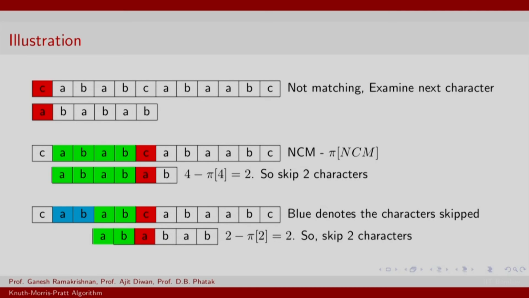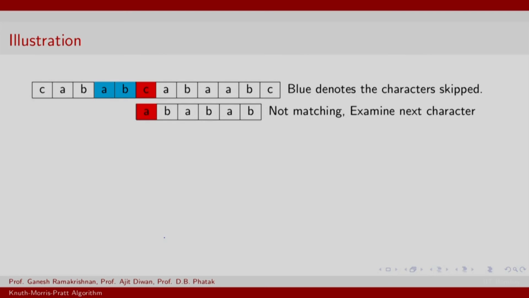Now what is pi 2? What is the length of the longest prefix of AB, which is a proper suffix of AB? It is basically 0, we know from this table. So since there is actually no prefix match at all, we look at 2 minus pi 2, which is 2, so we can confidently skip these many characters and start the matching at the next position.